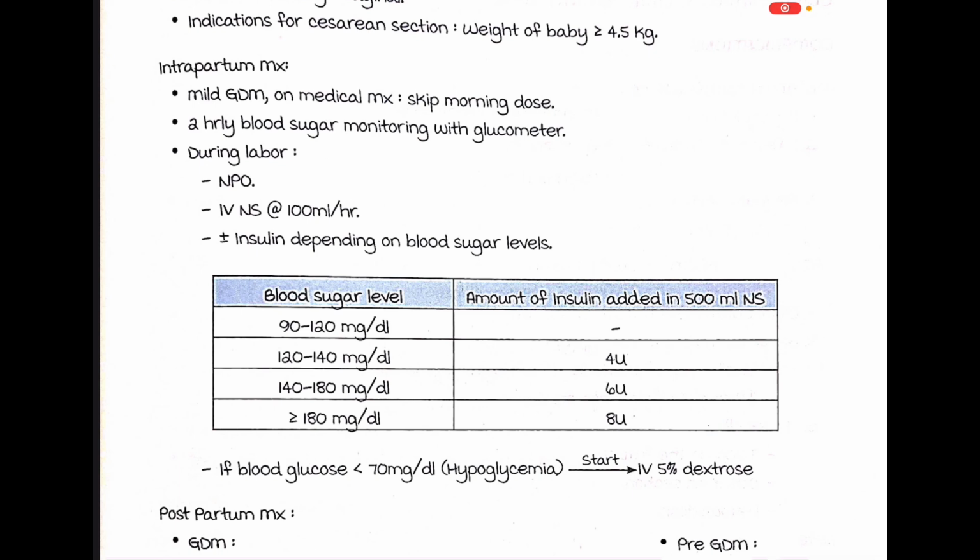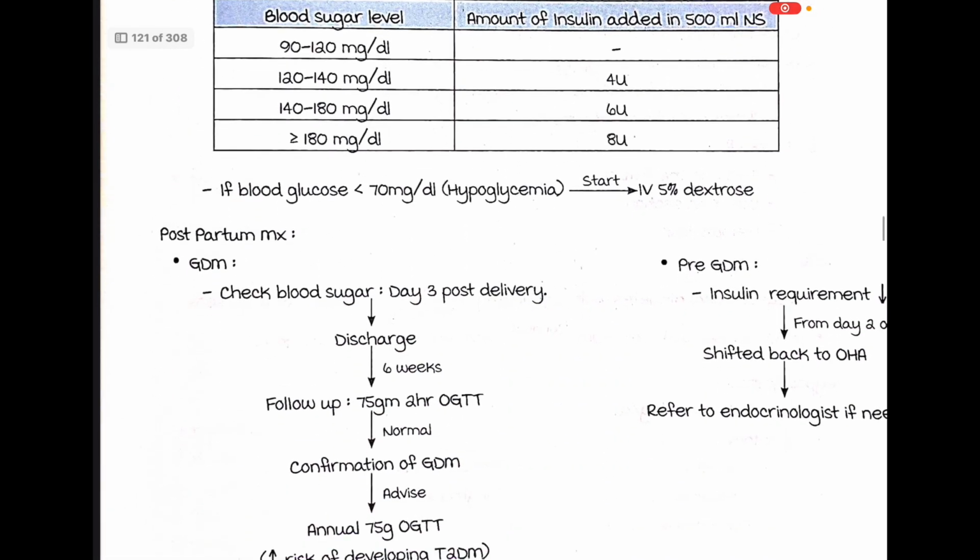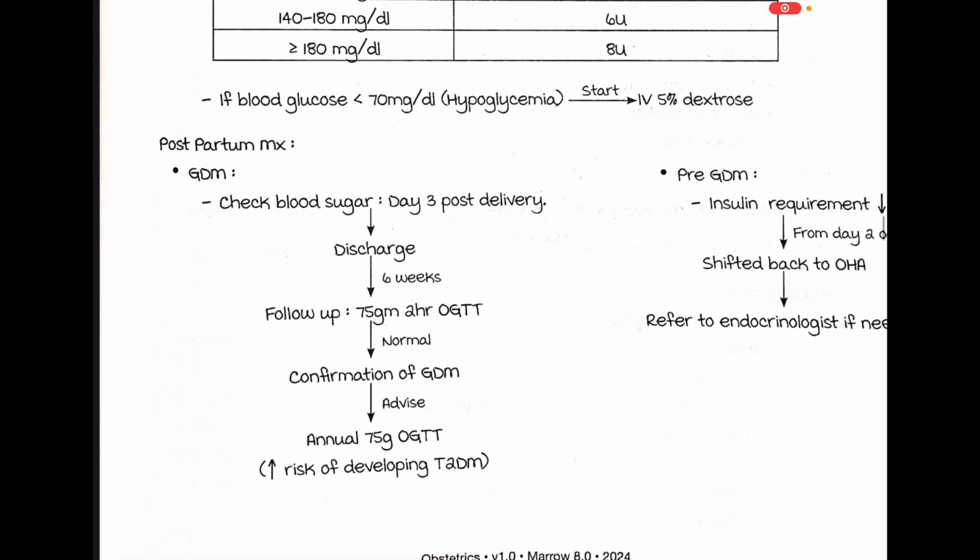The insulin is added in 500 mL normal saline. Blood sugar 90 to 120 milligram per deciliter, no need of insulin. More than 180, 8 units. Until 140, minus 2. 120, minus 2. If blood glucose is less than 70, that is hypoglycemia, start 5% dextrose.